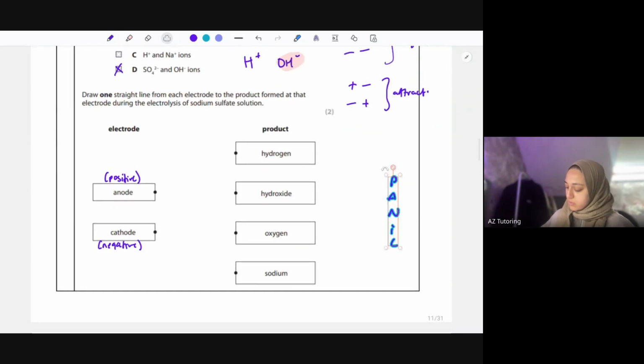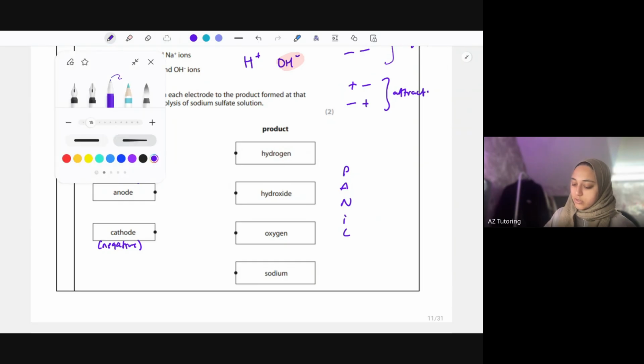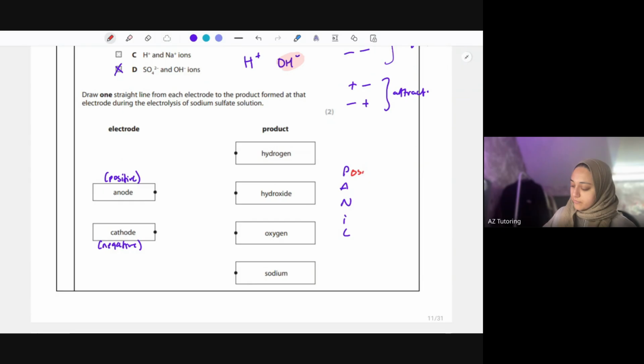The panic mnemonic stands for positive anode, negative is cathode. So you can remember it that way as well. So we can see negative cathode, positive anode.